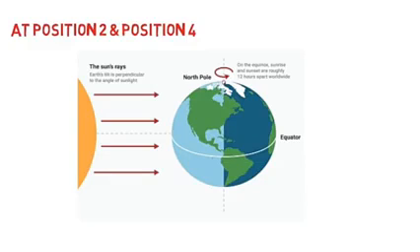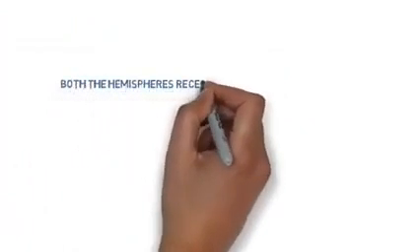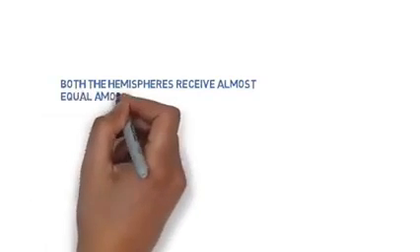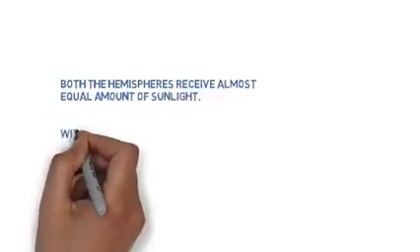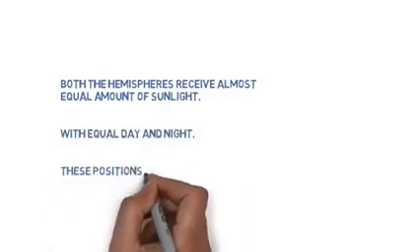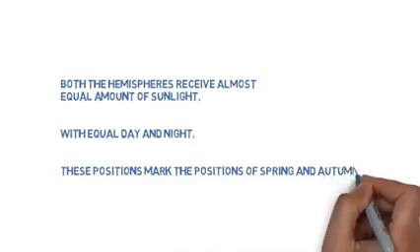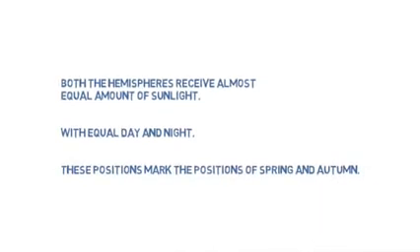What does this mean? Well, it means that both the hemispheres are receiving almost equal amount of sunlight from the sun. From this we can make out that the duration of day and night will almost be equal. These positions mark for the seasons of spring and autumn.